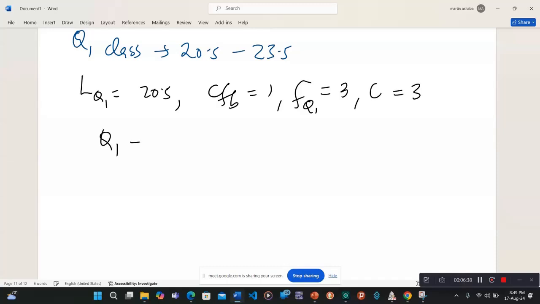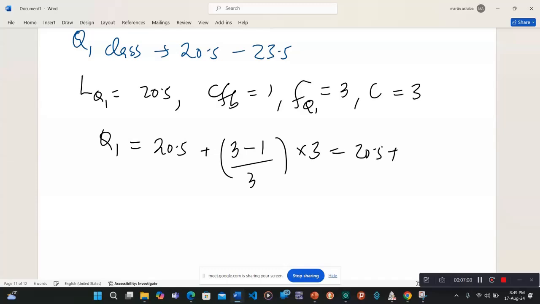So Q1 would therefore equal 20.5 plus a quarter of n, which is 3, minus the cumulative frequency before, which is 1, divided by the frequency of the quartile class, times 3, which is the class size. So this is 20.5 plus 2 out of 3 times 3.